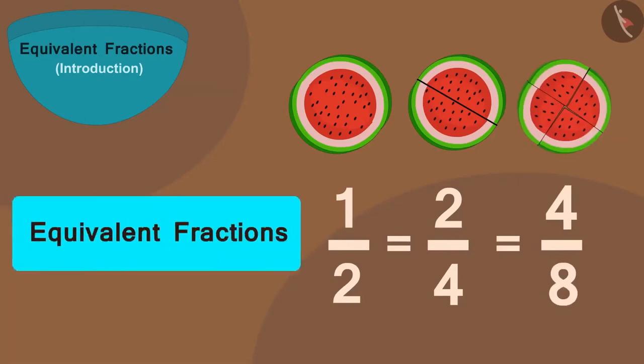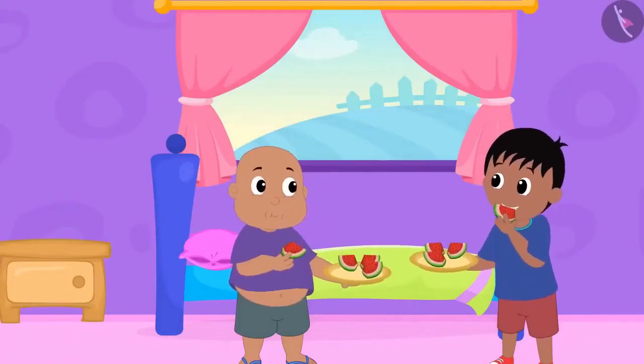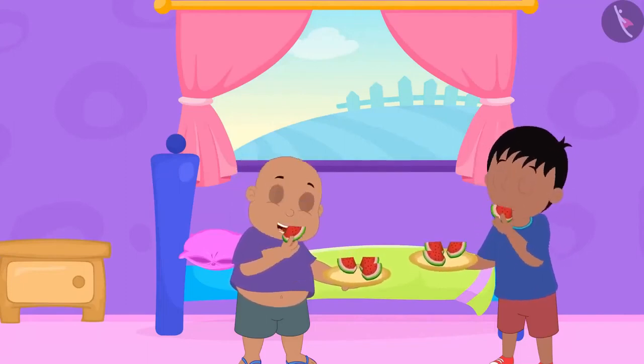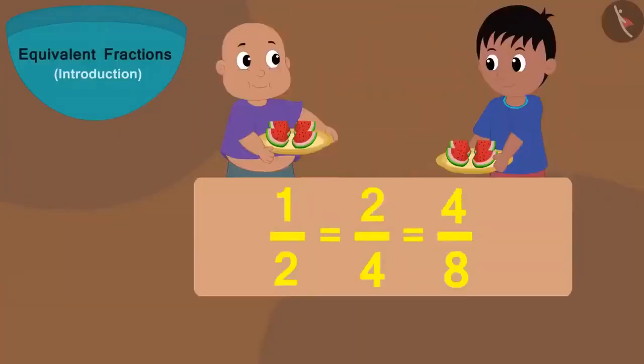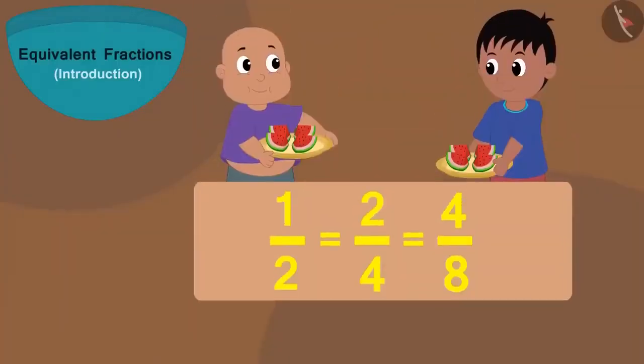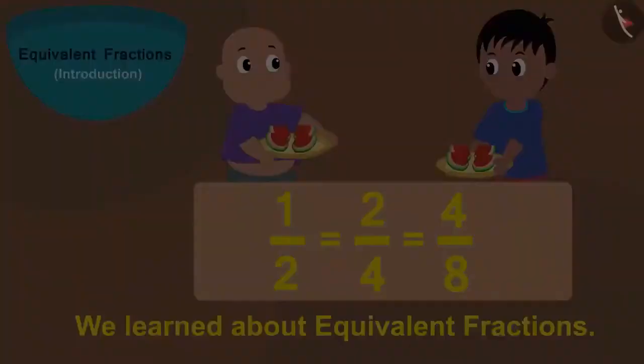All of these are equivalent fractions. Raju is now happy to see these pieces, and together they start eating the watermelon happily. Children, in this video, we learned about equivalent fractions.